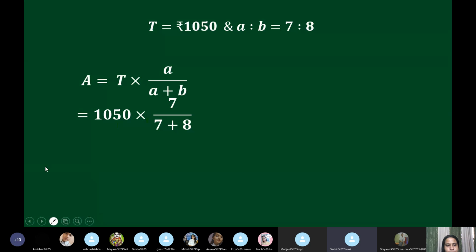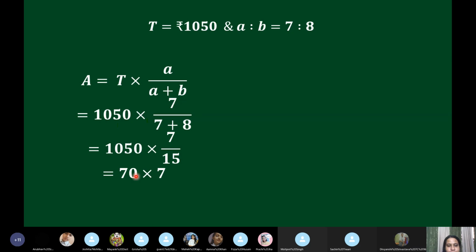What will be the value? 1050 divided by 15, multiplied by 7. 15 comes in the table of 1050, so it becomes 70. 70 into 7. The first number is what? Rupees 490.